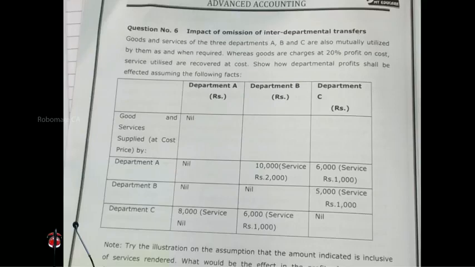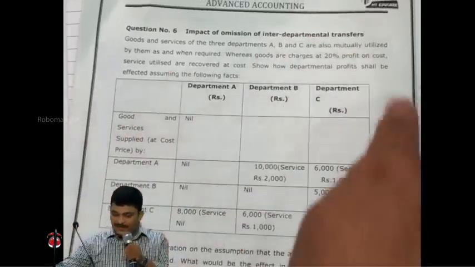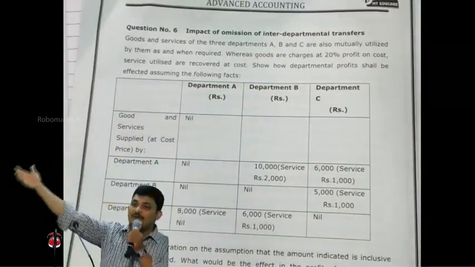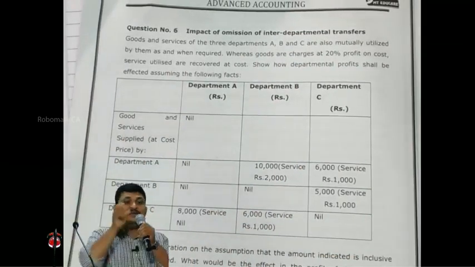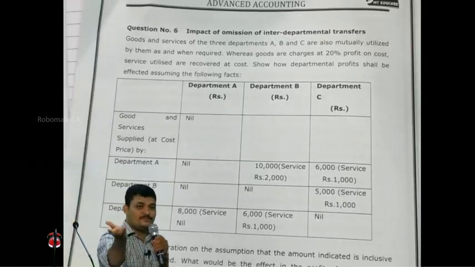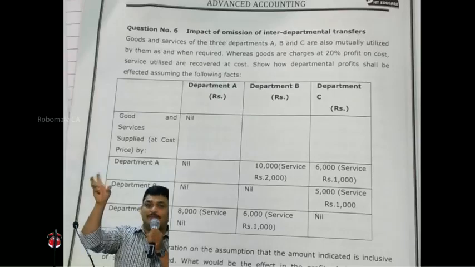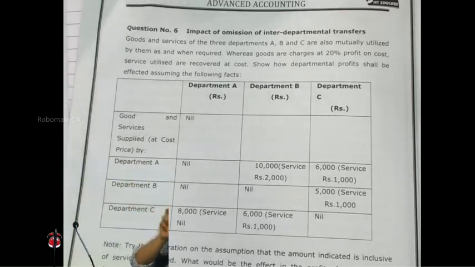So in this business, from the transfer information provided, you will arrive at the total transfer out and total transfer in for each department, and arrive at net transfer out or net transfer in, and you will comment: this department's profit will increase by this much, this department's profit will decrease, and so on.